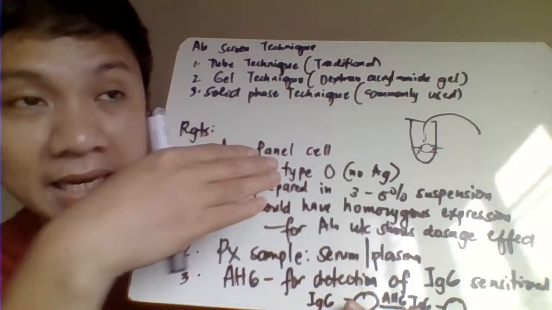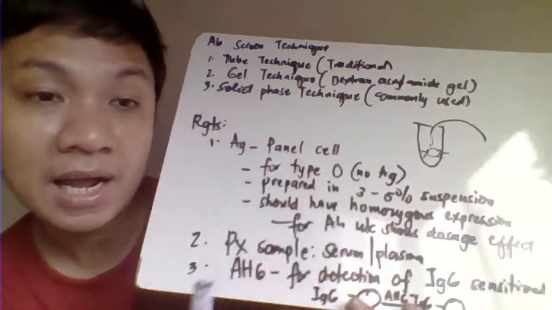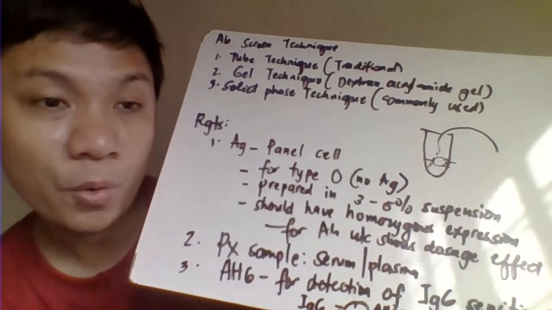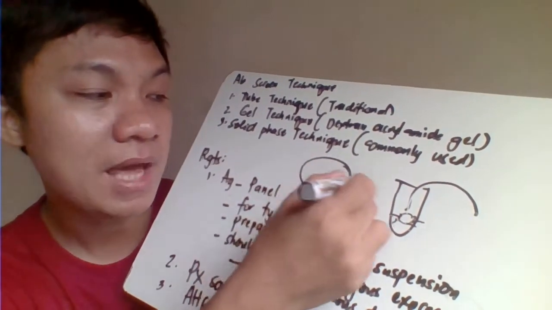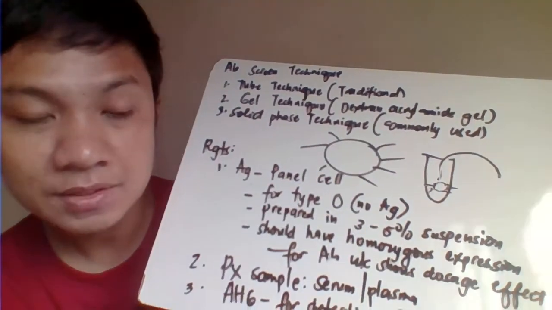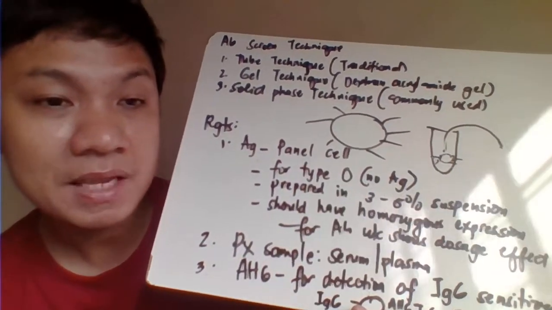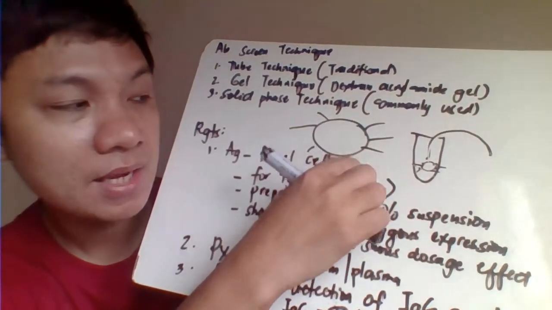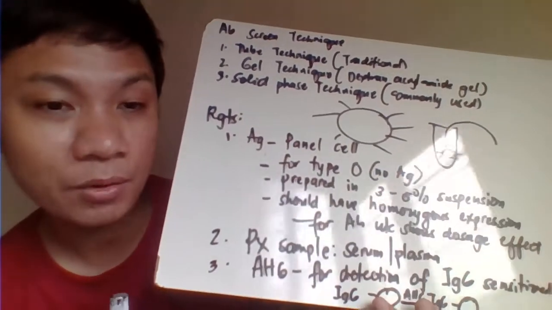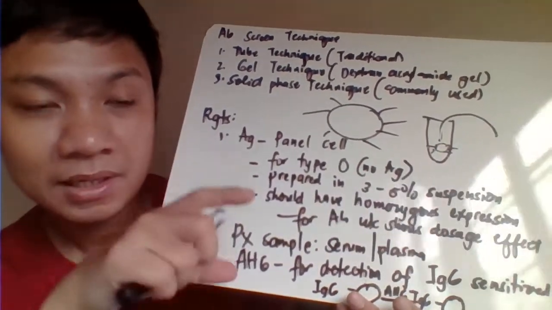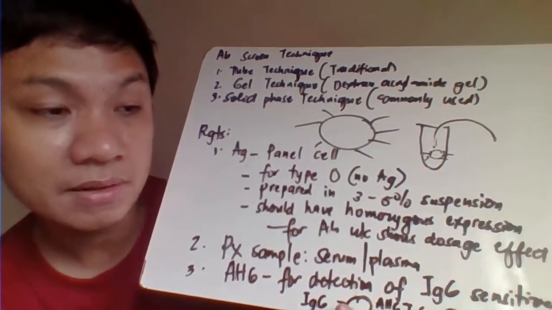You just need to eliminate and then identify what specifically the antibody is. Our panel cell here is a type O red cell suspension with many antigens attached to the RBC, because we are detecting any of the blood group antibodies in our recipient. Therefore, to detect them, the reagent must have many antigens, almost all the blood groups, so that we can rule out which blood group antibodies are present in the recipient we are testing.